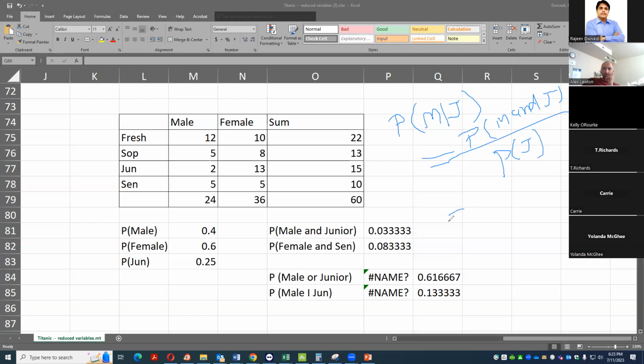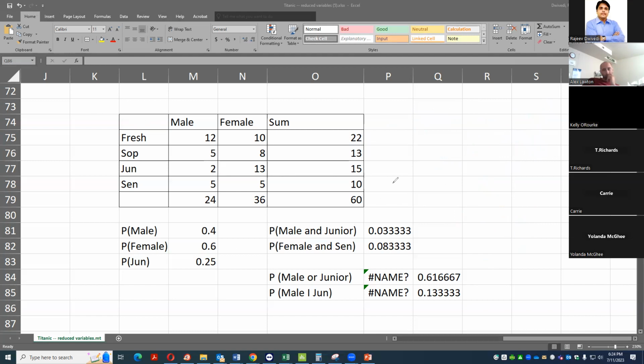Male and junior is 2, divided by 60. Probability of junior is 15, so 15 divided by 60. The 60 and 60 cancel out. So 2 divided by 15. This is how we do it.